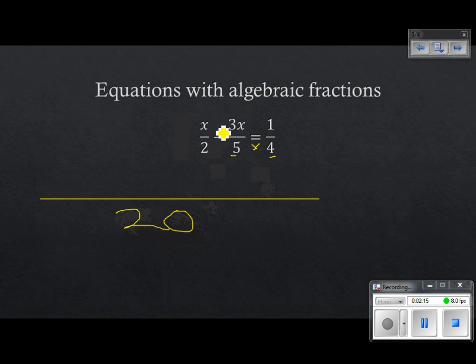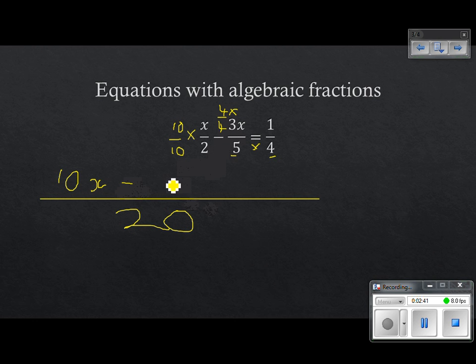So to make this first one out of 20, I need to times it by 10 over 10. So 10 times x is 10x. Got 5, so I'm going to have to multiply this one by 4 over 4. 3 4s happen to be 12, which is a nice number.